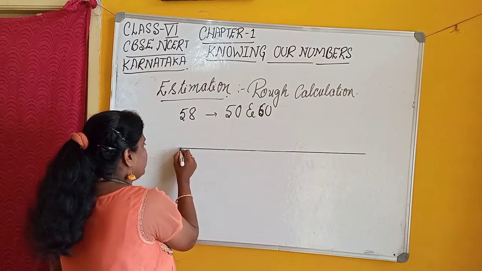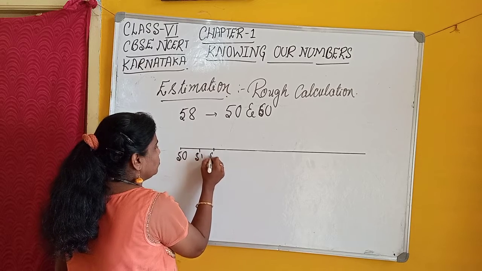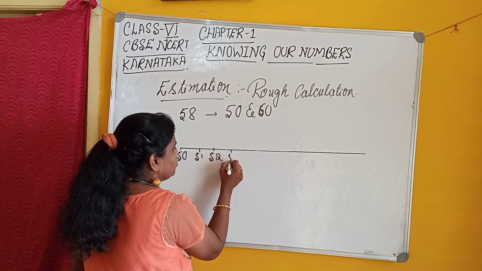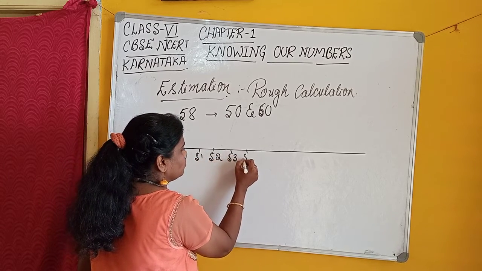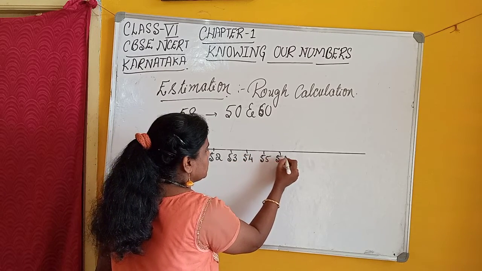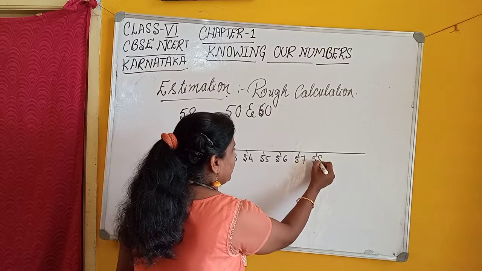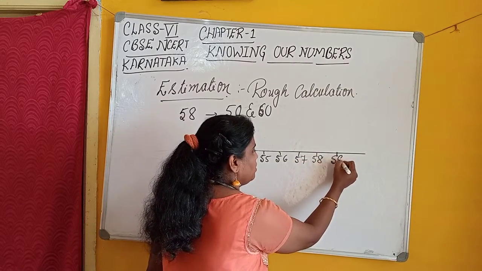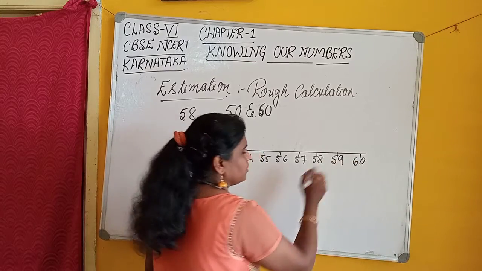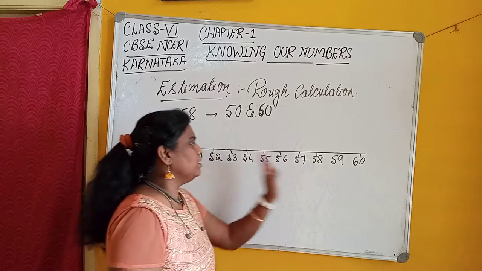Where will it appear? 50, 51, 52, 53, 54, 55, 56, 57, 58, 59, 60. Isn't it? Where does it lie? It lies between 50 and 60.